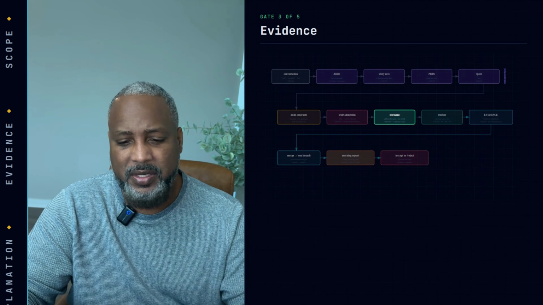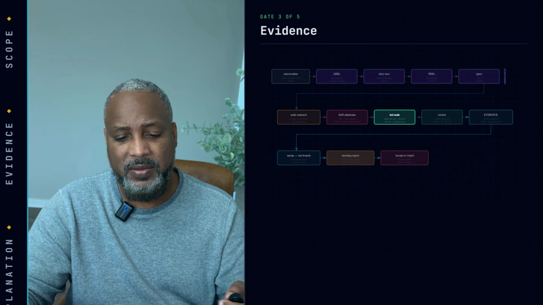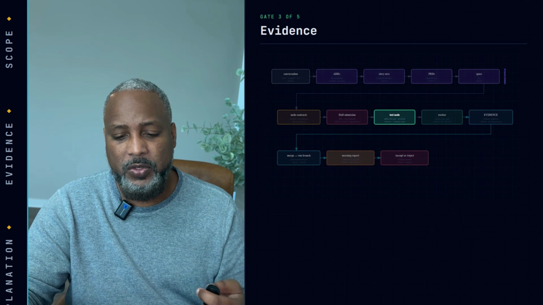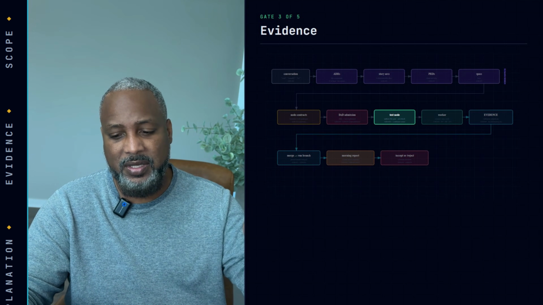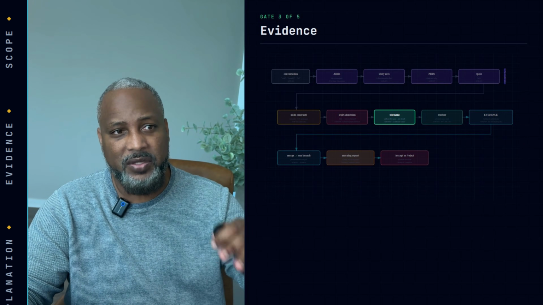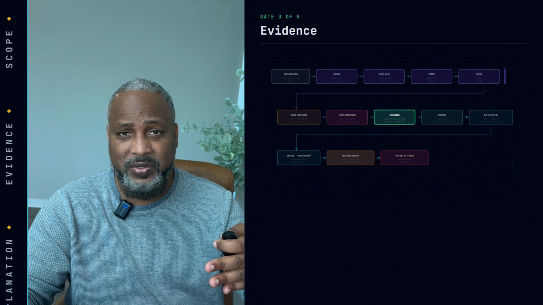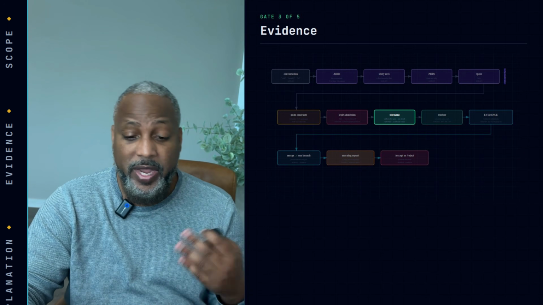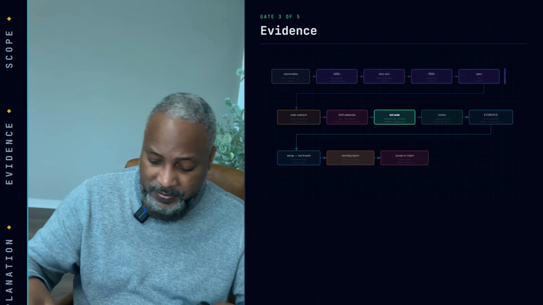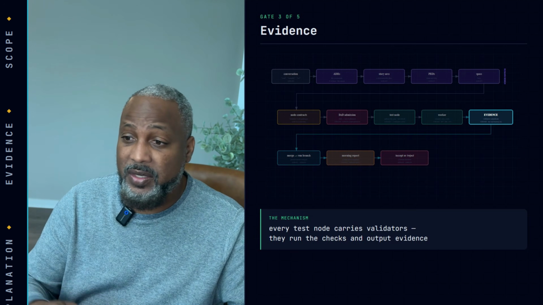The next one for me here is evidence. If you look at the test nodes here in the diagram, every one of them has validators attached to them. So before any work is allowed to reach me, the validators will run a check.